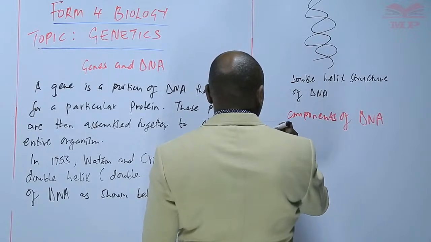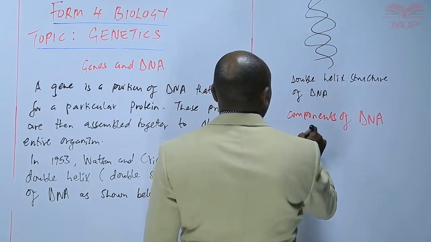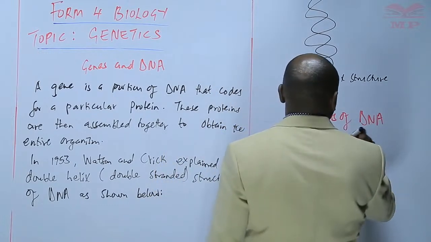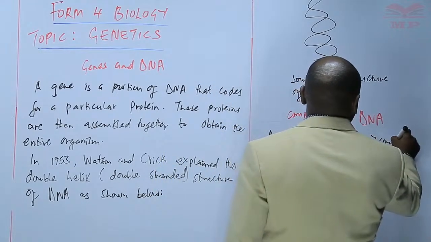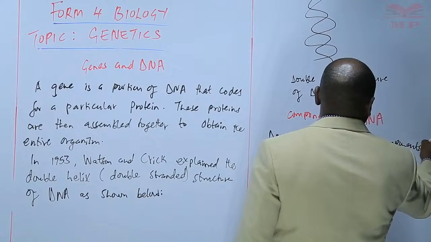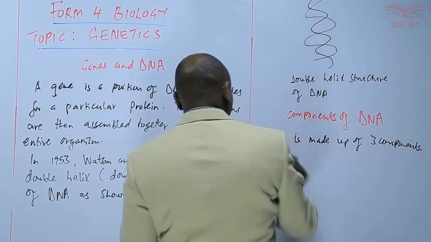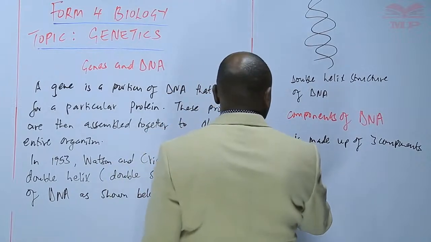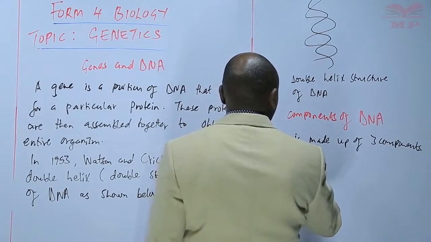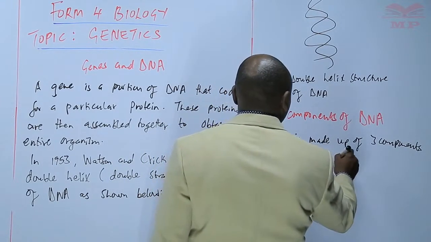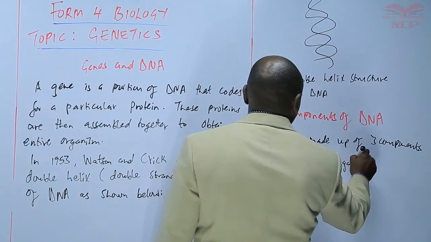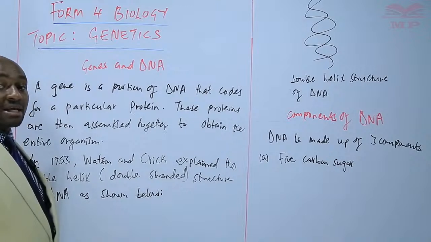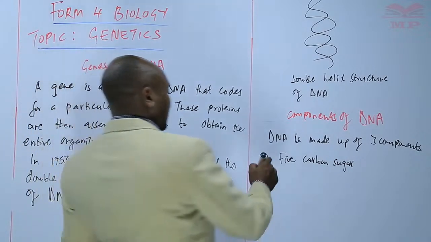One, or A, we have a 5-carbon sugar, also known as a pentose sugar.